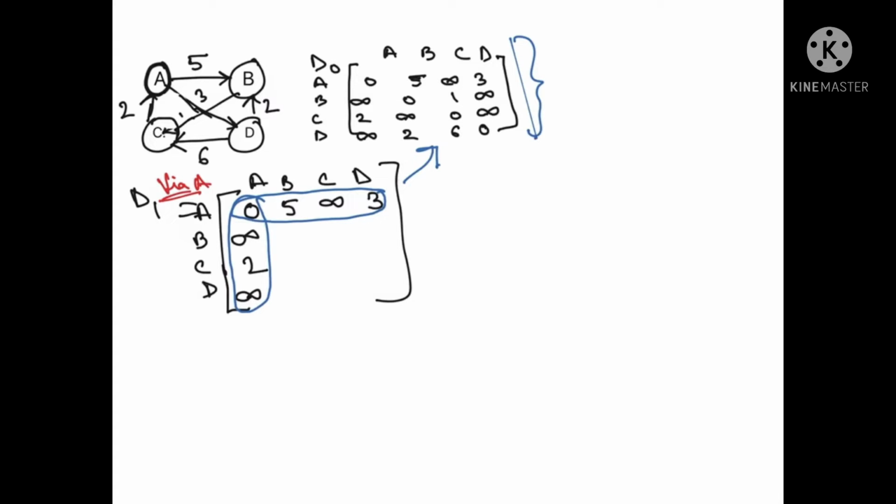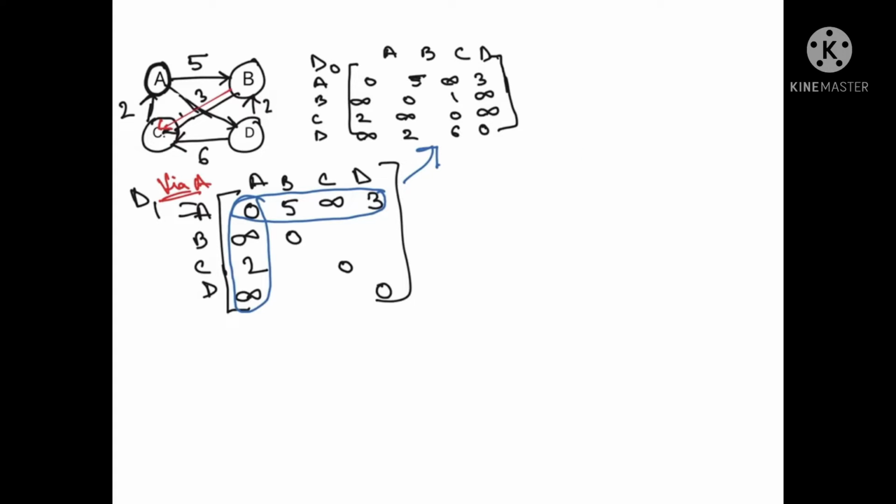Once you have done this, you already know that all the diagonal elements will be 0, so I will put 0, 0 and 0. Now, when you have to go from B to C, how will you go?